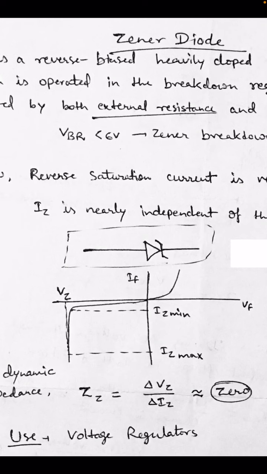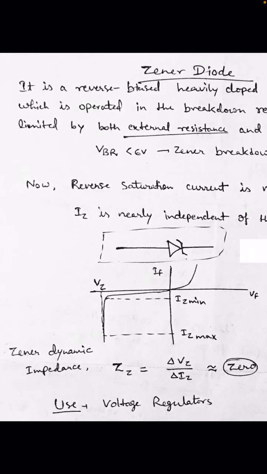Vz is constant. This property is useful in applications, because if I define the dynamic impedance as delta Vz over delta Iz, then it comes out as 0, because Vz is not changing. So delta Vz is 0, meaning there is no change.